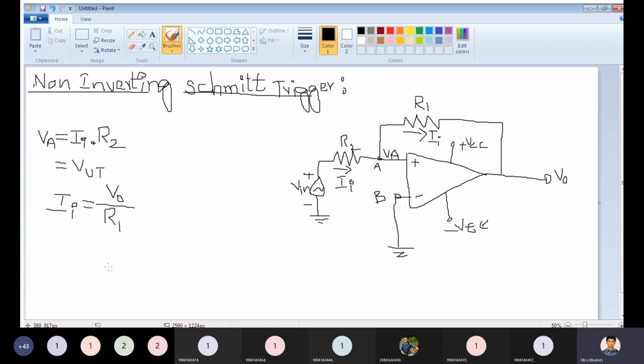Here the V0 value is positive V saturation. We assume that V0 is positive V saturation because the op-amp input current is 0. So Ii is equal to positive V saturation divided by R1.